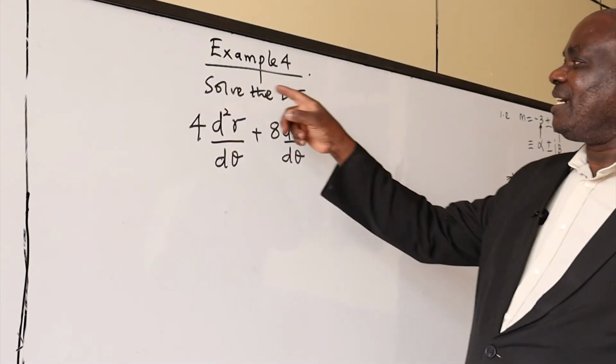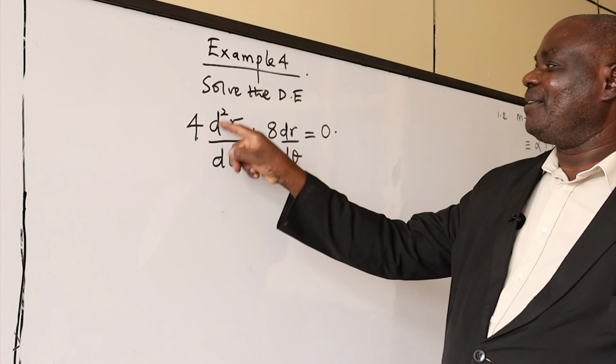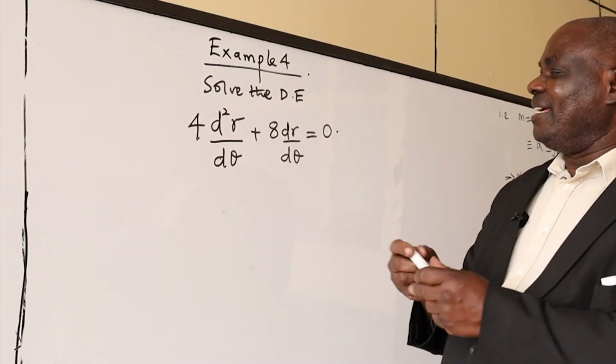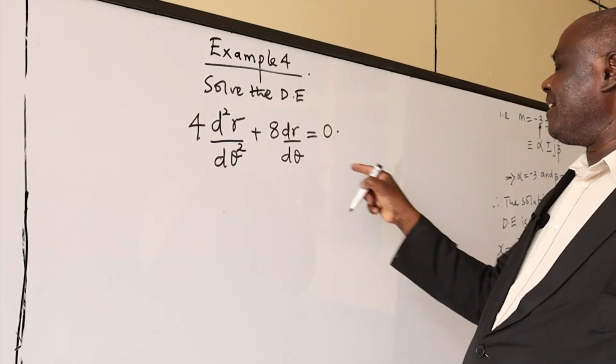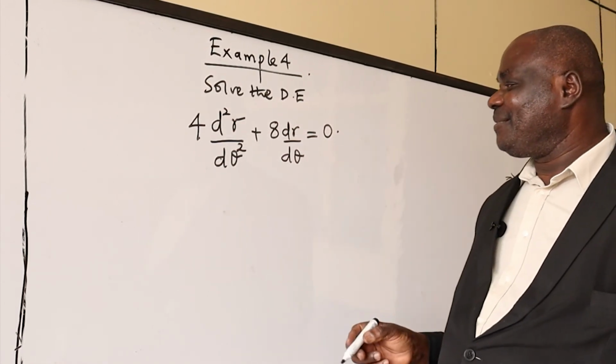So in our example 4, we say solve the DE d squared r d theta squared plus 8 dr d theta is equal to 0.